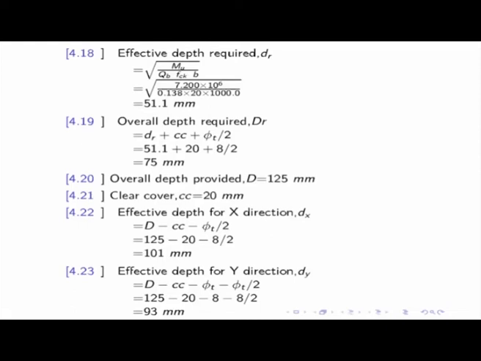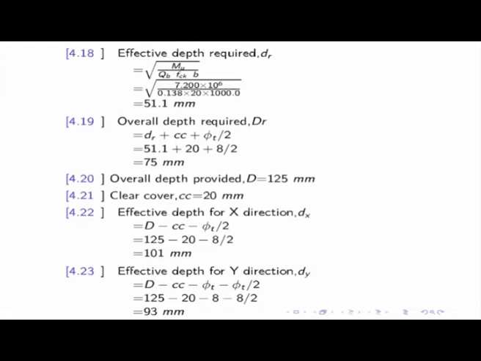Overall depth provided, I have provided say 125 millimeter, because we have not checked from the deflection criteria. Sometimes we do it, but minimum generally we provide nowadays 125 millimeter. Earlier we used to provide 100 millimeter also. For design purpose you could consider this as 100 millimeter also, but anyway, we are providing 125 millimeter overall depth.